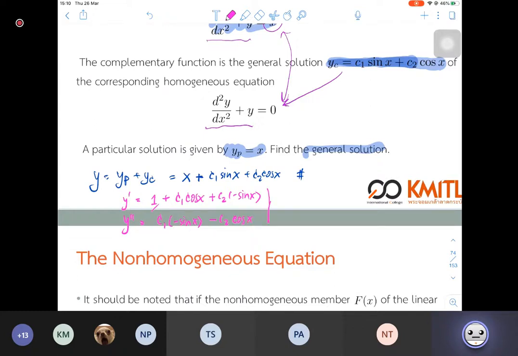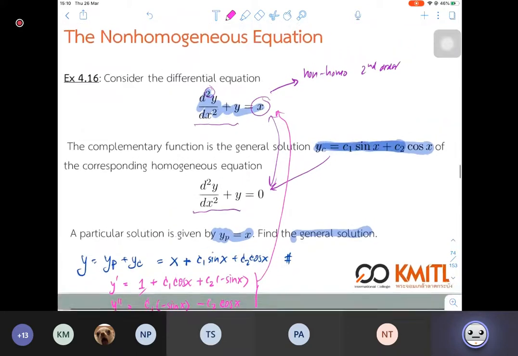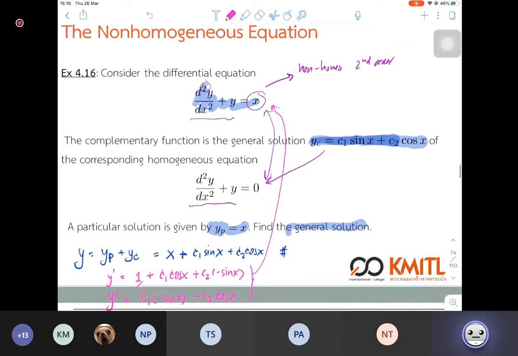Now we have everything. We put it back into the original equation. So we have minus c1 sine x minus c2 cosine of x plus y. Our y would be x plus c1 sine x plus c2 cosine of x equal to x. And you can see that those terms cancel out, and we have x equal to x, which is proof that y is the general solution.